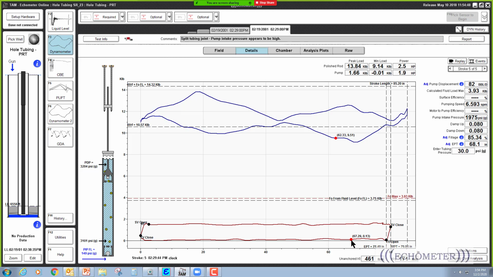This one should be shifted off 0 by the buoyancy force, and it's not, because of the way we zero the polished rod transducer: the 0 offset is setting the pump card on 0. That's how the 0 offset for the load cell is determined. So this pump is just pumping the fluid up to a hole right in here and out, right back out in the tubing and down.